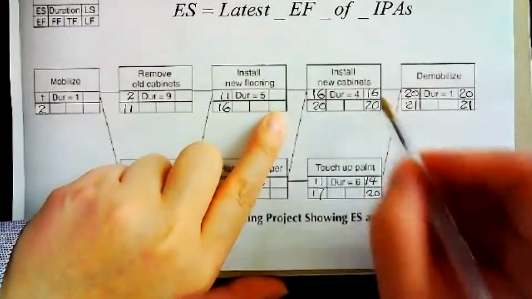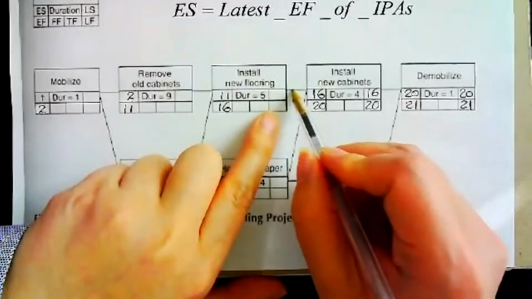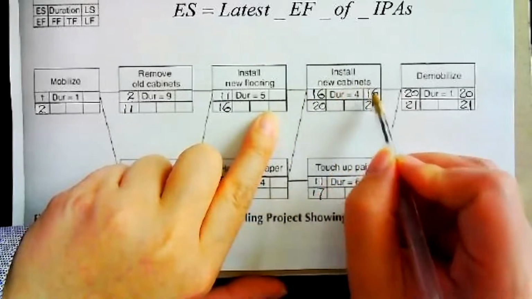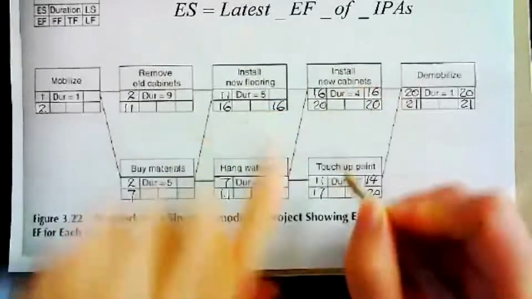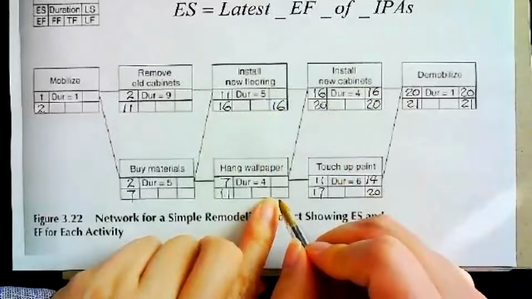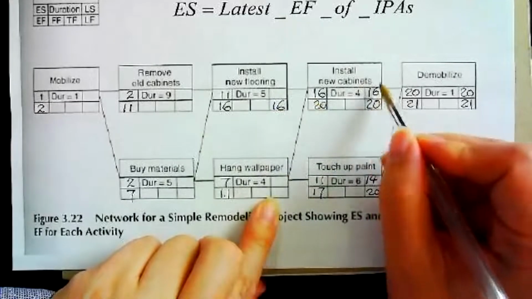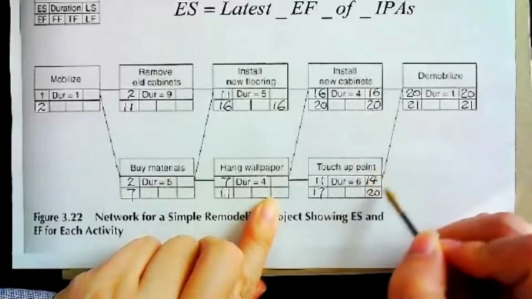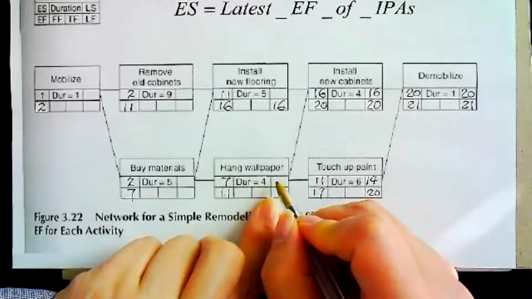This one is 16. Over here there is only one ISA, so I use exactly this late start number. So this is 16. This one is a little bit more complicated because it has two ISAs. For this ISA, the late start is 16. For this ISA, the late start is 14. So should I put 16 or 14 here?